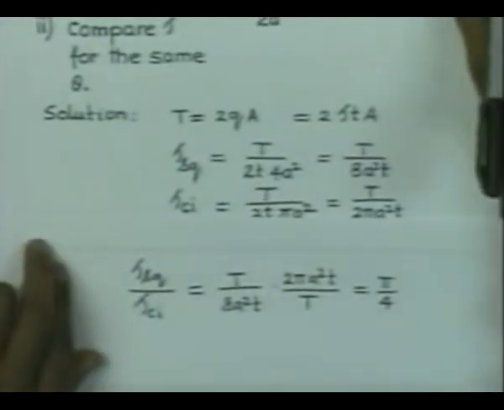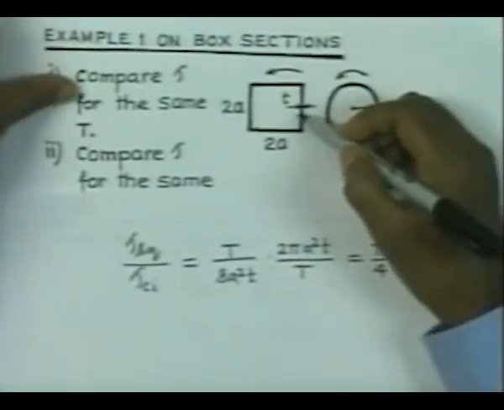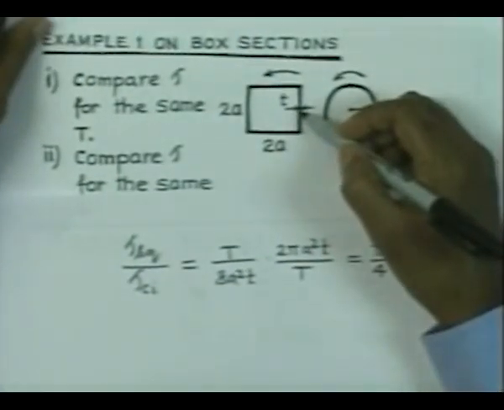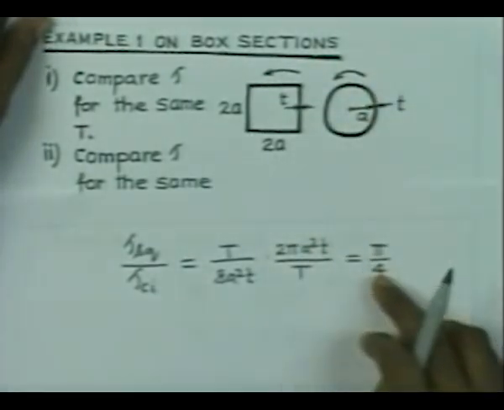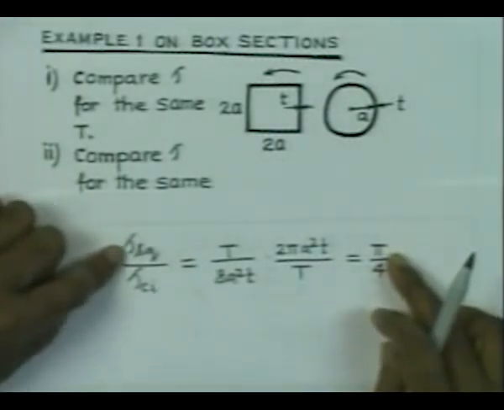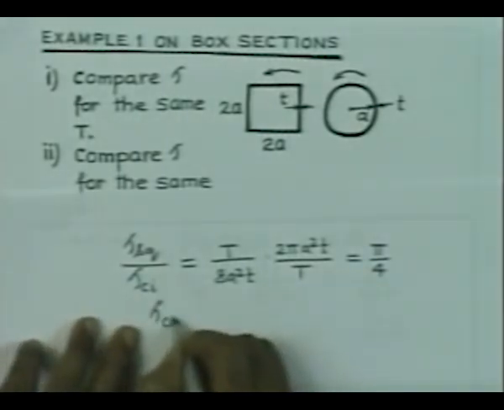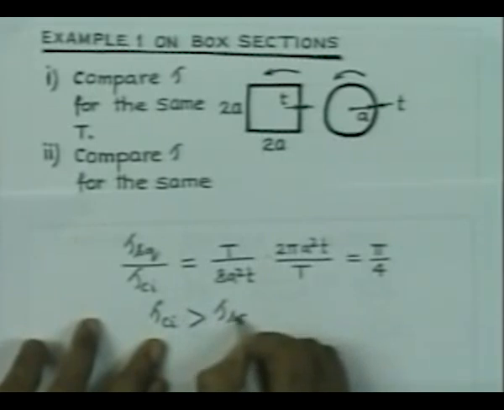What you find here is that the shear stress in the case of the circle is going to be the same everywhere, and for the square it is going to be higher at the middle of the sides. In this case you are going to get stress in the circle to be higher than the stress in the square. So, tau circle is greater than tau square.